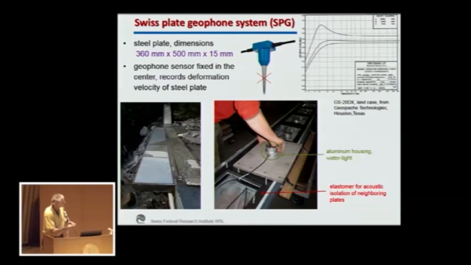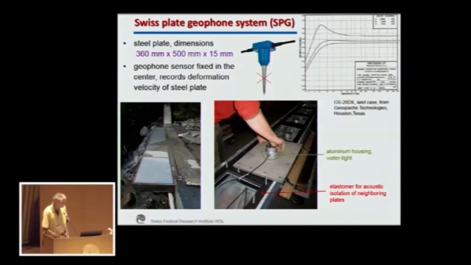Actually, we don't use this spike, but we unscrew the spike and use the hole to fix the geophone sensor from underneath into this aluminum housing, which provides watertight protection for the sensor. Another detail you can see here: we also use elastomer elements in order to acoustically isolate each plate from the neighboring one.